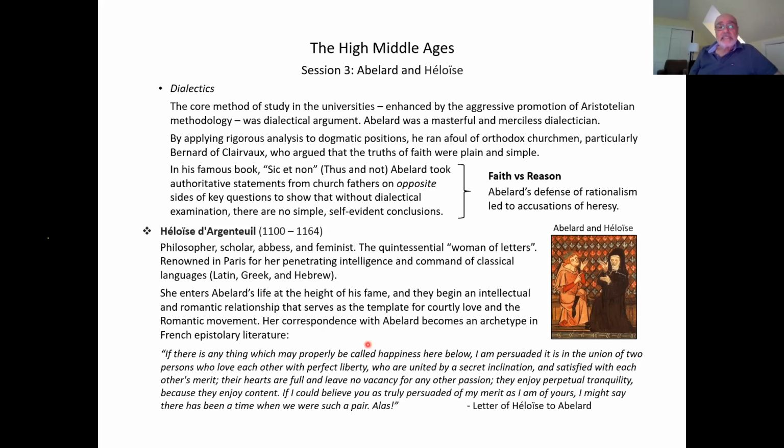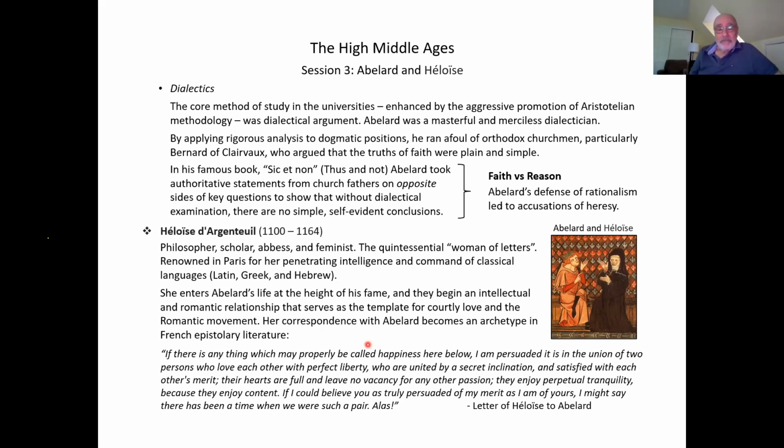Héloïse d'Argenteuil, who's born much after him, we're not sure about her birth year, but she's maybe somewhere between 10 and 20 years younger than him. She's a student of his. She's a philosopher. She's a scholar. She becomes an abbess.